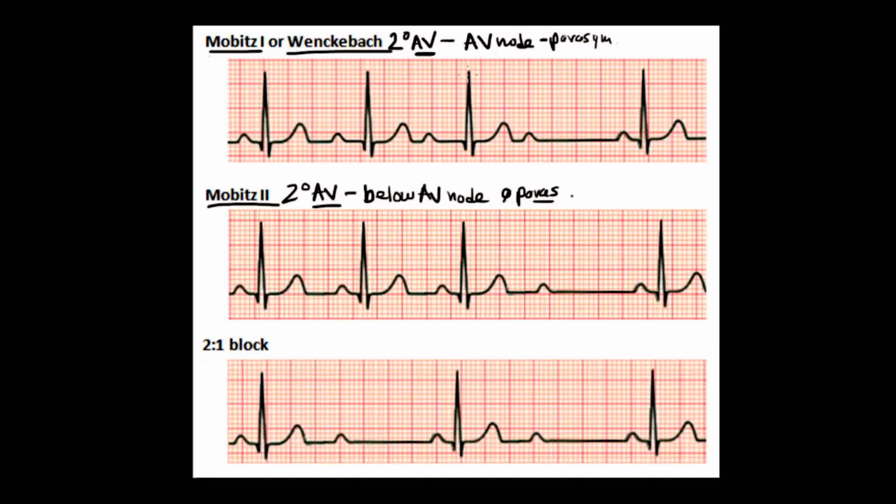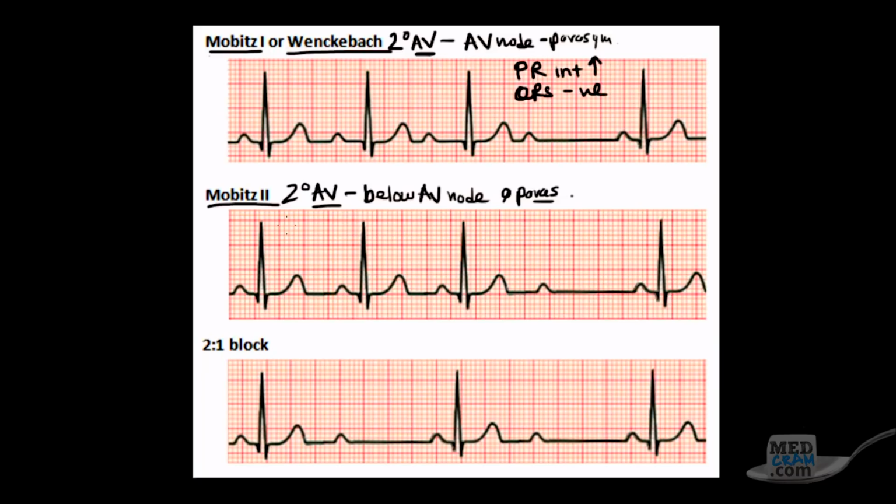And as a result of that, there is no parasympathetic innervation, which can be helpful. We'll talk about that. So for a Mobitz type 1, because the block is more or less in the AV node, what do you think you're going to see? You're going to see PR intervals that get bigger and bigger as the block gets worse and worse. Why? Because the PR interval is made in the AV node. Secondly, because the block is fairly high up, your QRS complexes are going to be relatively narrow. So let's write it here. PR interval is going to be increased, and the QRS is actually going to be normal.